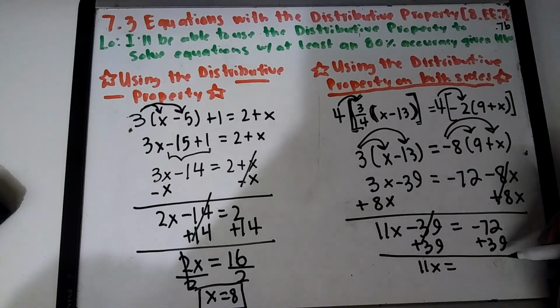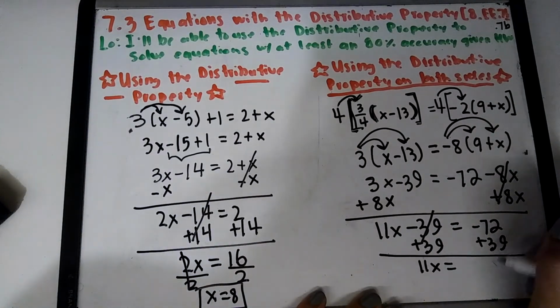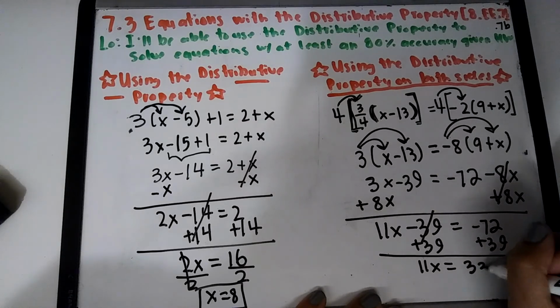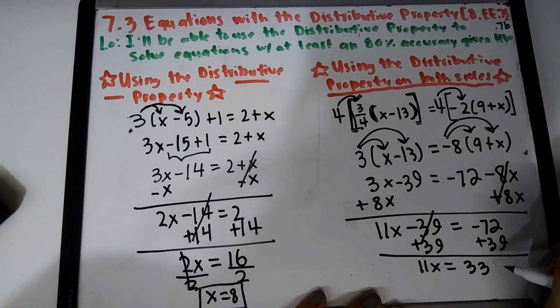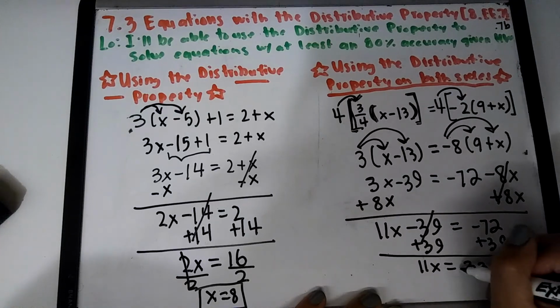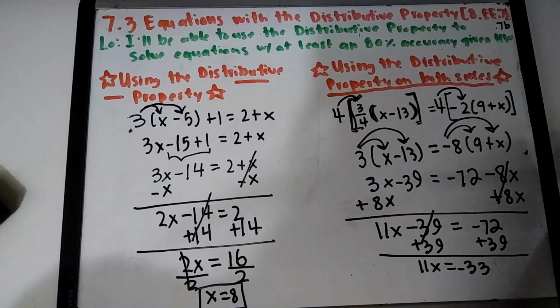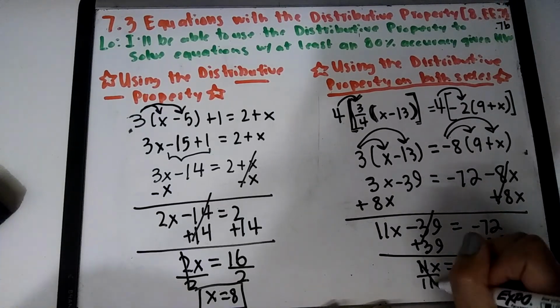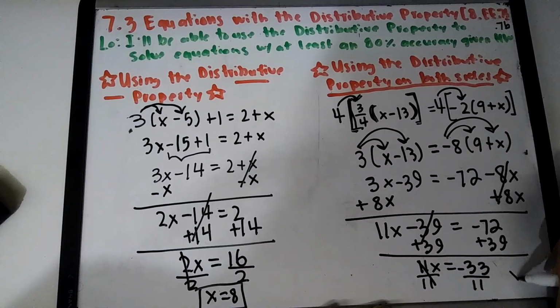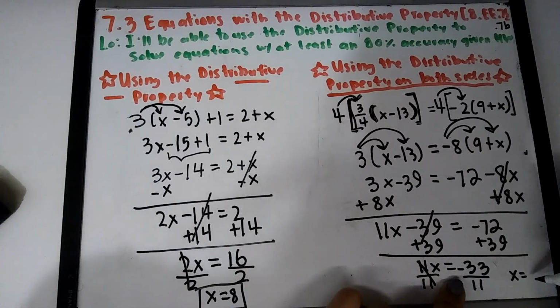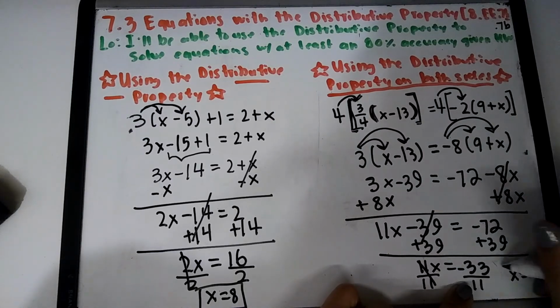So remember when I have different signs, I am going to subtract. So negative 72 plus 39 should give me a 33. And then because I have more negatives, it's going to be negative 33. And then the last step is to divide by 11. So then I end up with x equals negative 33 divided by 11 is negative 3.